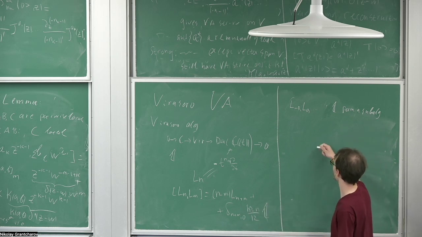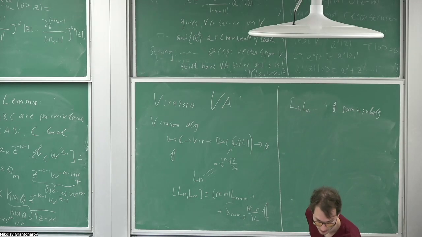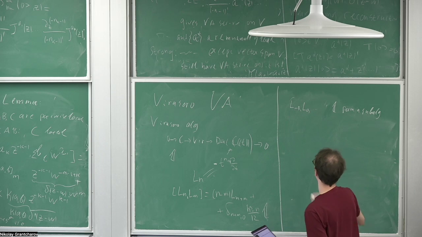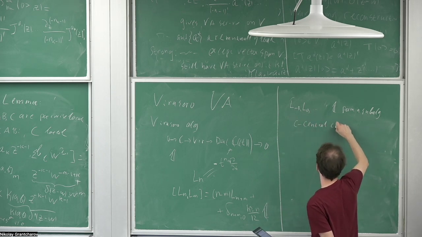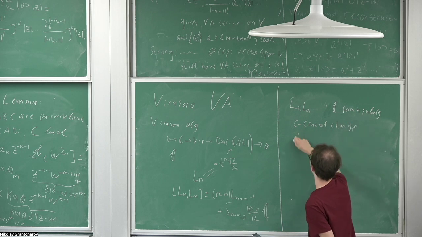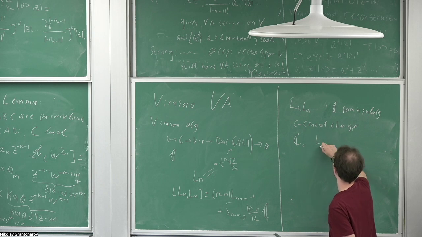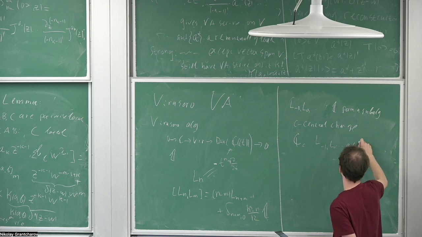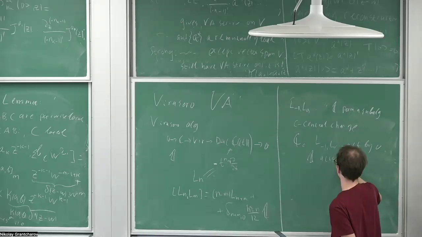This is a subalgebra, and similar to before, we can take the vector space C, where C is the central charge number. We take vector space C where L minus 1 and L0 act by 0 and 1 acts by C, the central charge.